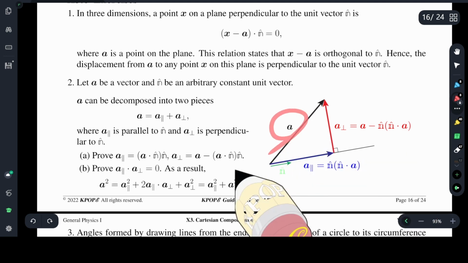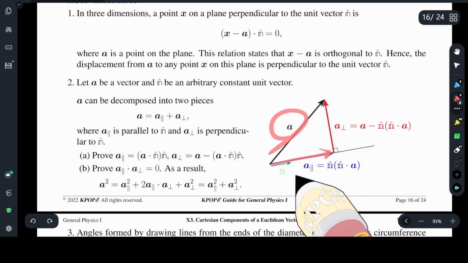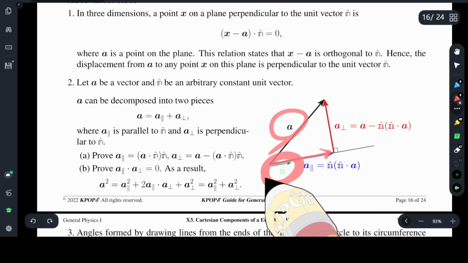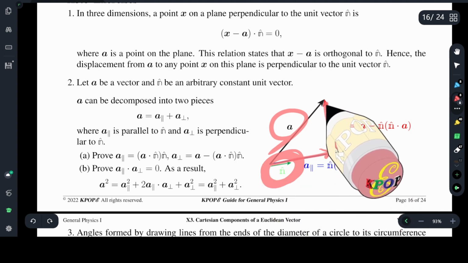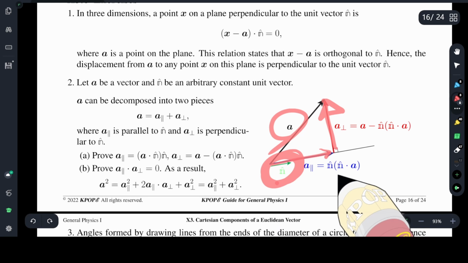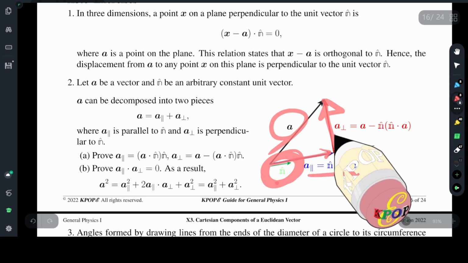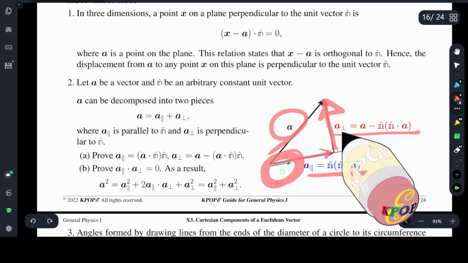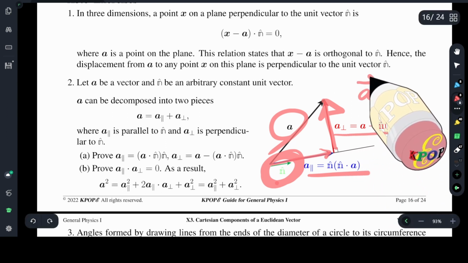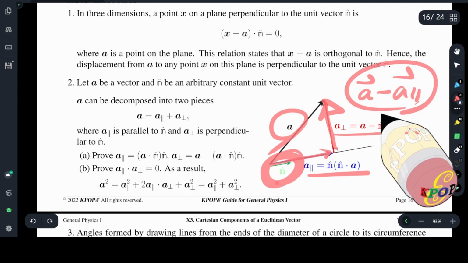A vector can always be decomposed into a component parallel to a vector and a component perpendicular to a vector. The parallel component is always expressed in this way, and the perpendicular component can be obtained by subtracting the parallel component from the original vector.